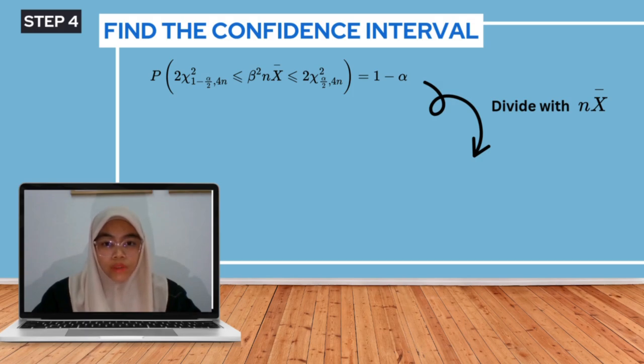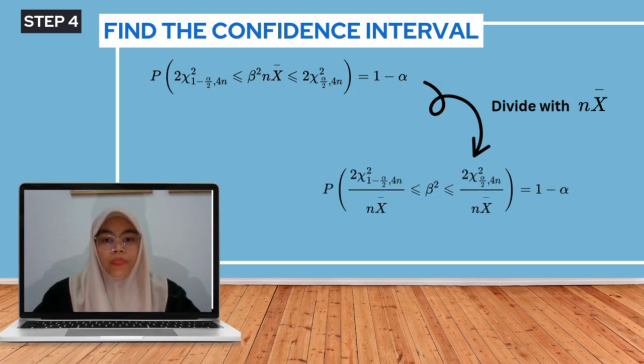So we will get P(2 chi-square 1 minus alpha over 2, 4n divided by n x bar less than or equal to beta squared less than or equal to 2 chi-square alpha over 2, 4n divided by n x bar) equals 1 minus alpha.